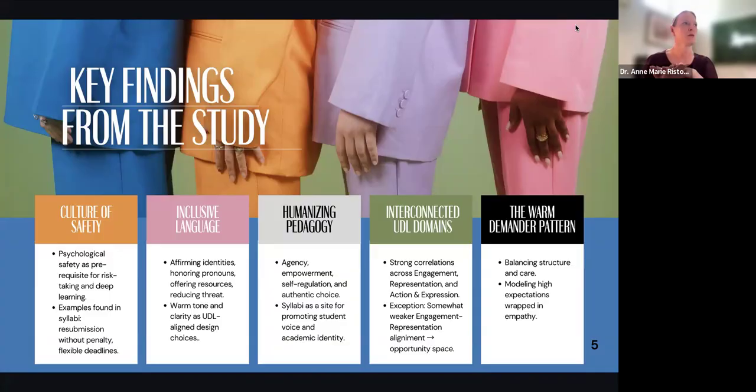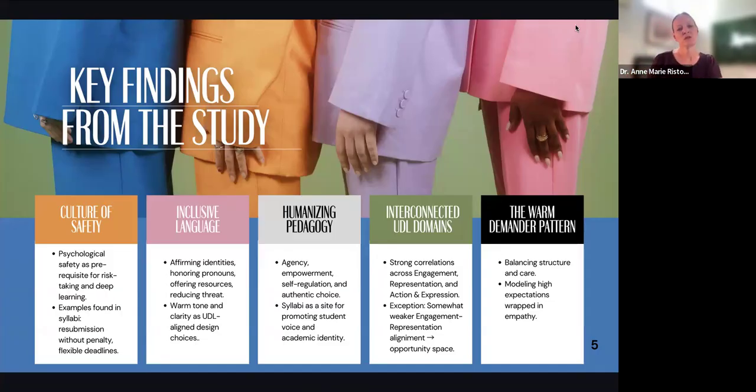And in the research itself, I'm going to give you just some snapshots here because I want to give you a chance to interact. But in the research itself, we have tables that break down examples from the syllabi and that UDL transformation, along with the guideline and checkpoint that related to it. So that's something that you can check out a little bit further.